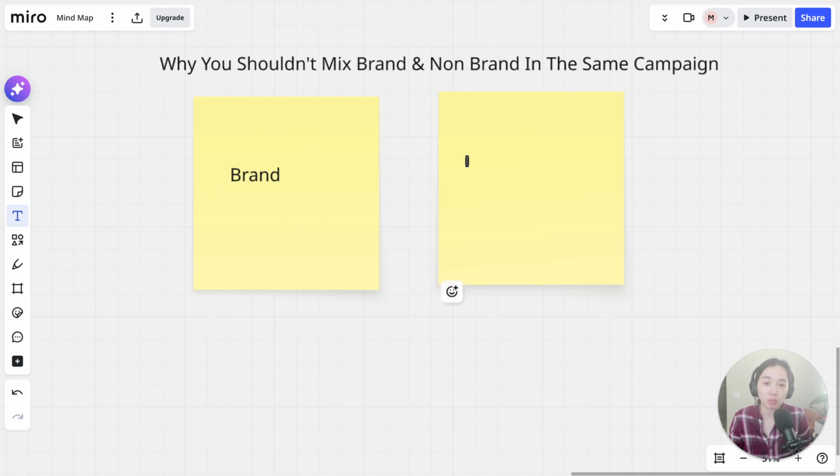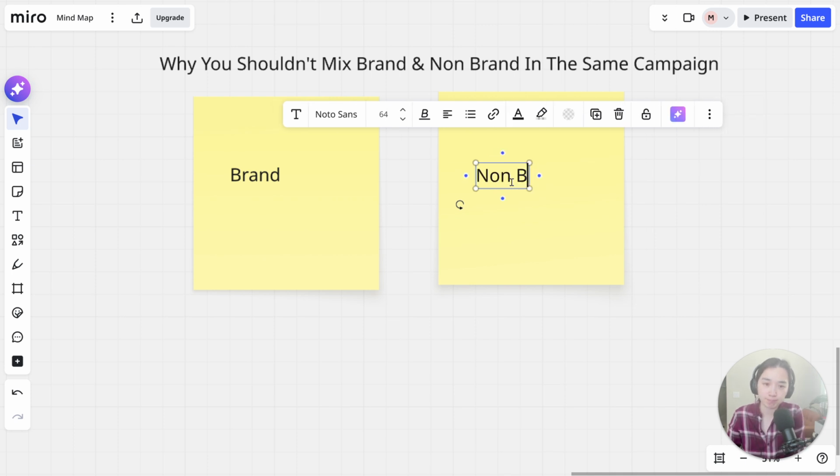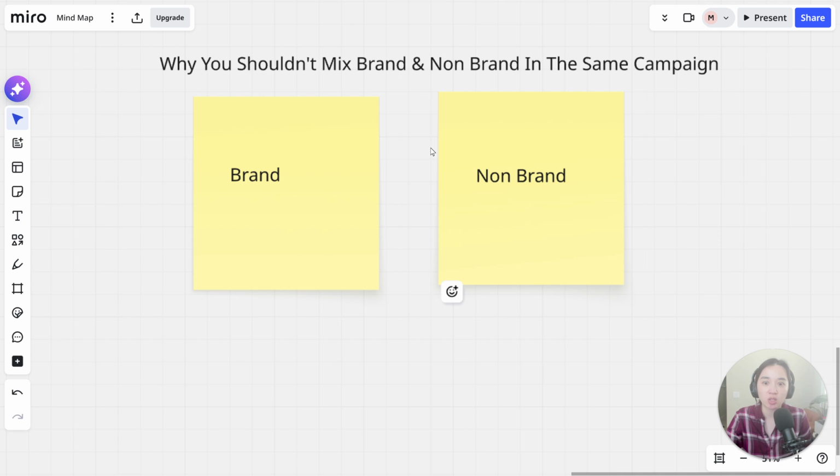Those would fall under brand. And then non-brand would be something like car, vehicle, EV. Those are keywords that don't have your branded terms in it.